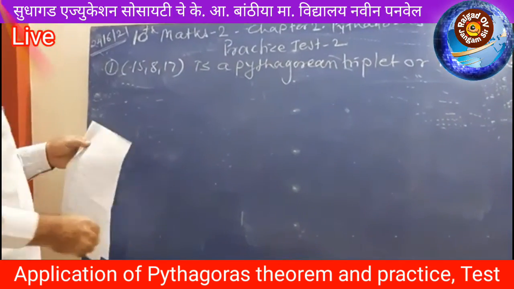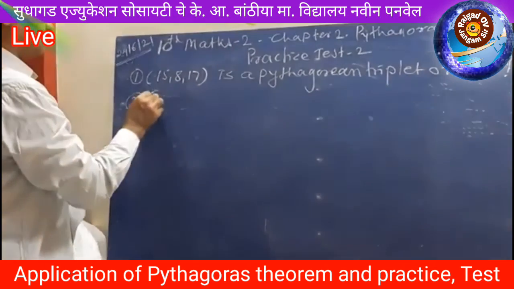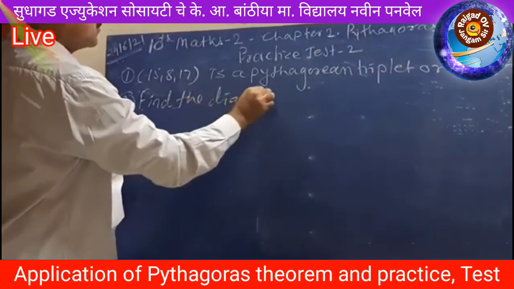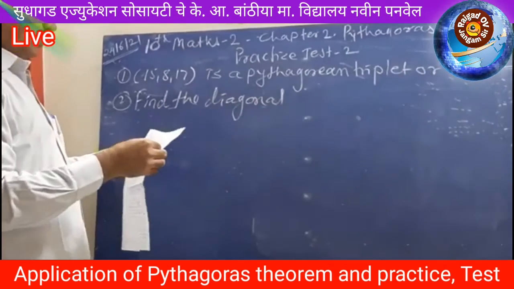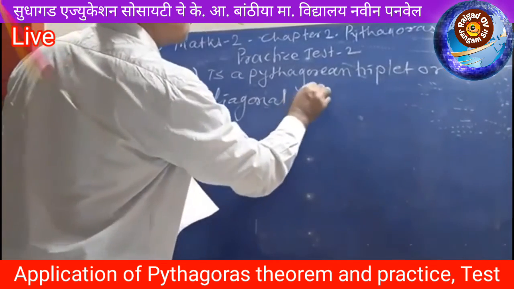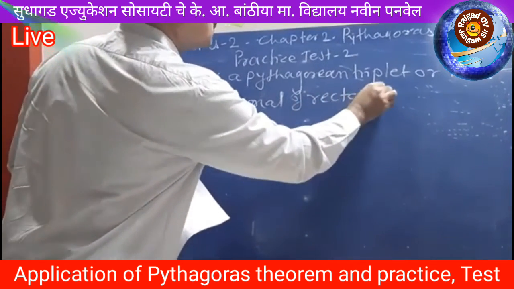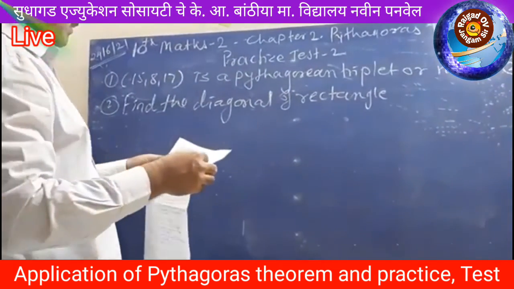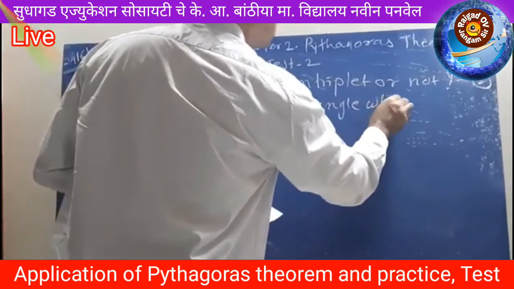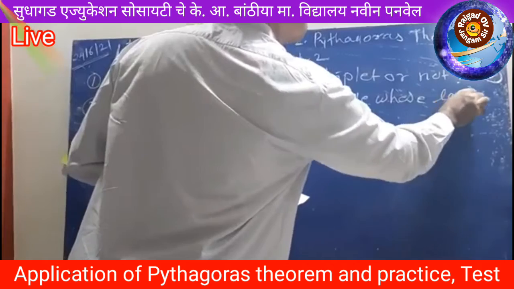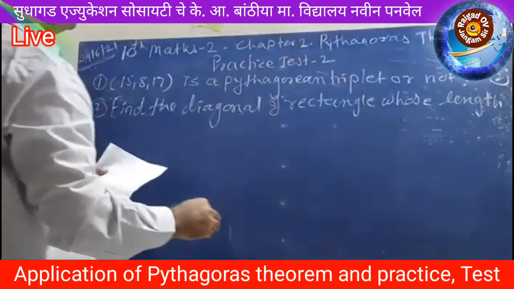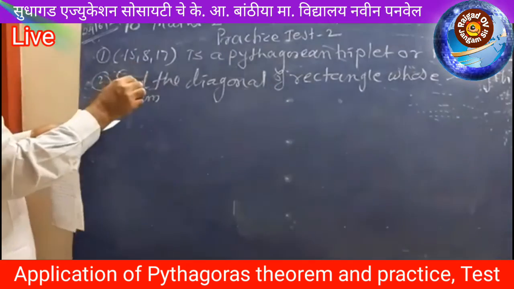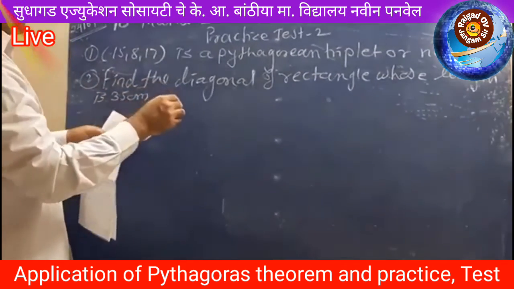Second one, find the diagonal of a rectangle whose length is 35 cm and breadth is 12 cm.